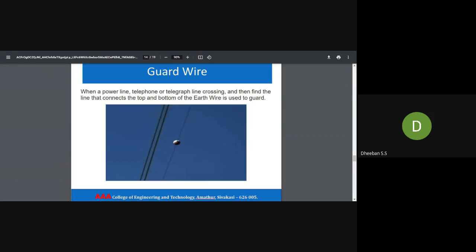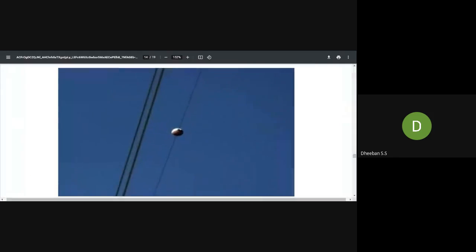With a smart grid system, you will be incorporating a communication system along with the normal transmission line. This communication system must be differentiated from your power line, so for that purpose you will have a guard wire. This is the guard wire, this is your communication line, and this is your power line.